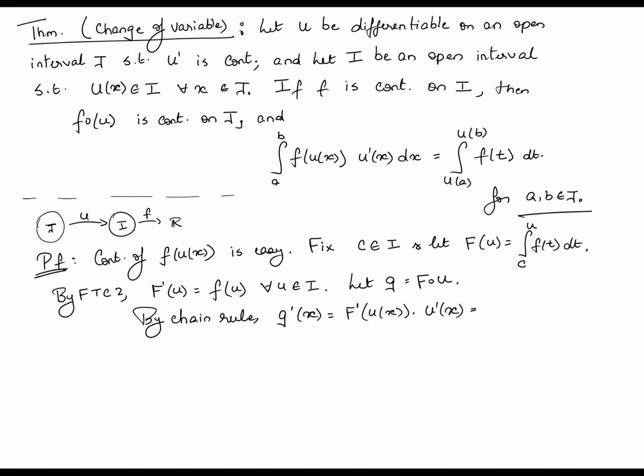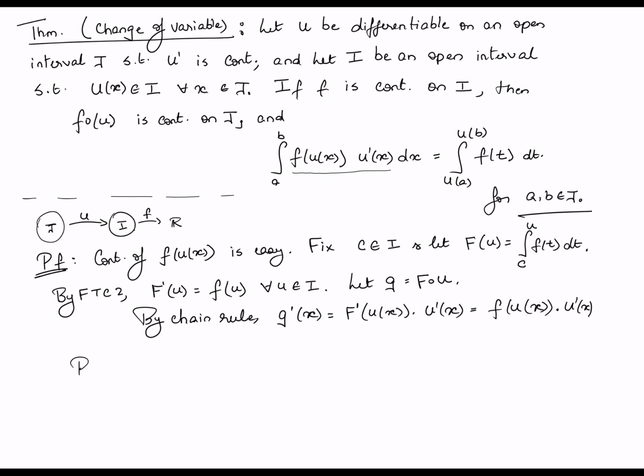But F prime of u of x is simply f of u of x times u prime x. Now having written this, you might be able to foresee where we are going next. Essentially what we have done is we have written this object as the derivative of a certain function G. And we have used the same notation, so you should be able to see that the statement of the theorem can now be thought of as an application of FTC1.